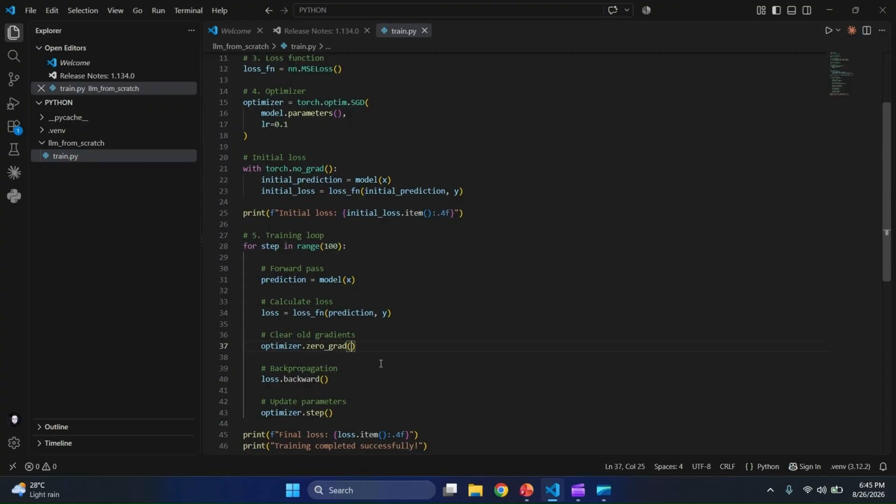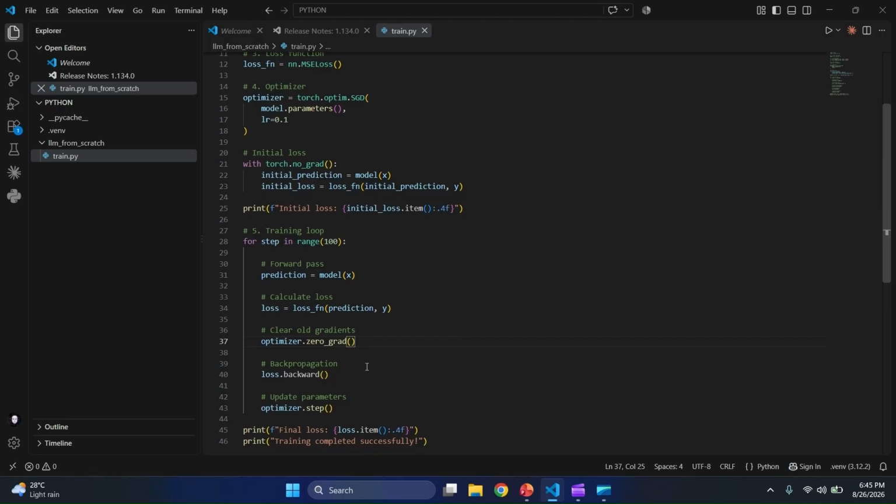And this is probably the most interesting and important line for me: the backpropagation, loss.backward. This is where backpropagation happens.